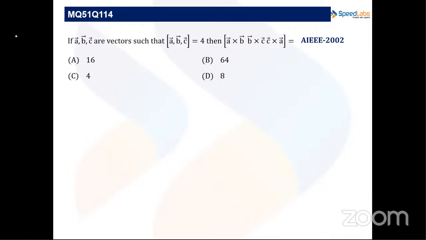Now moving to the next, first question. Our first question is, if we are having a, b, c as three vectors and the scalar triple product of them is 4.